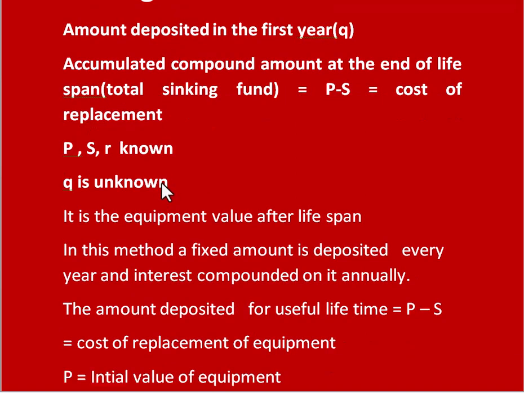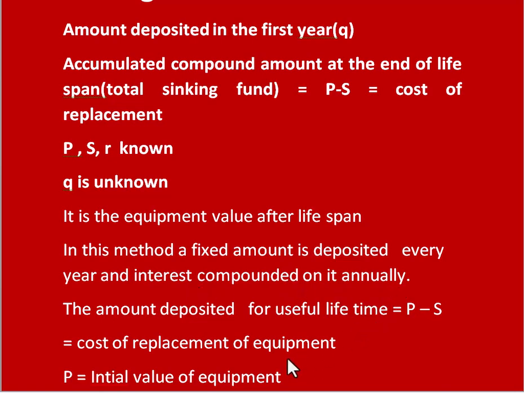So in other words, sinking fund method is nothing but the equipment value after the lifetime of the equipment. In this method, a fixed amount is deposited every year and interest is compounded on it annually.